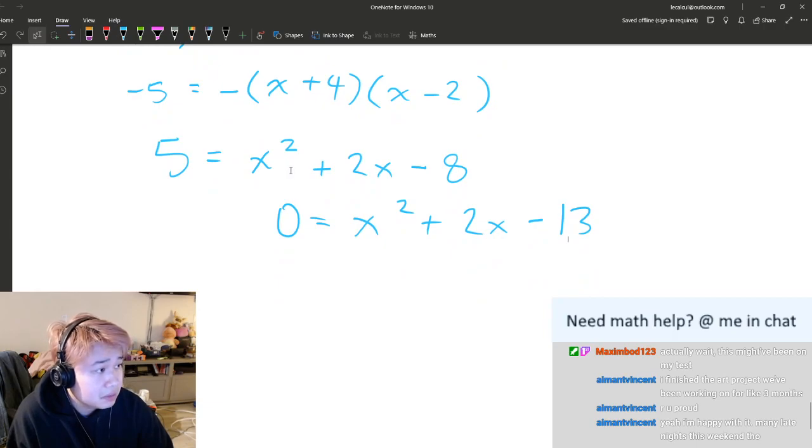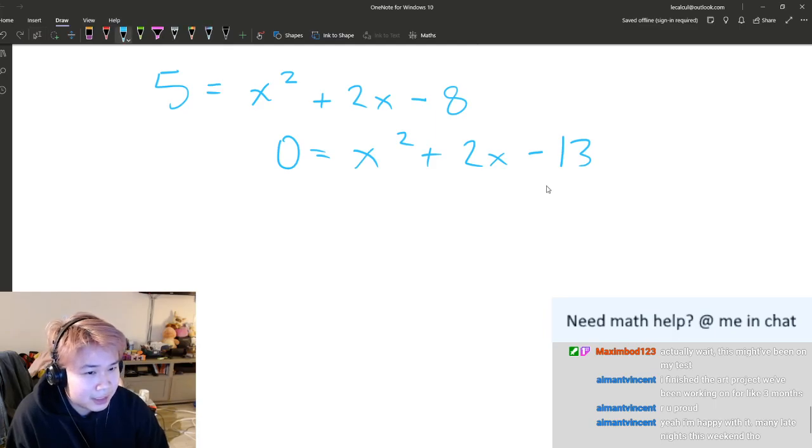Maybe not. This doesn't look factorable. Subtract the 5. Okay, and then quadratic formula then.